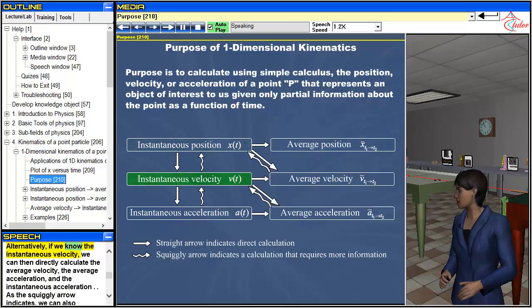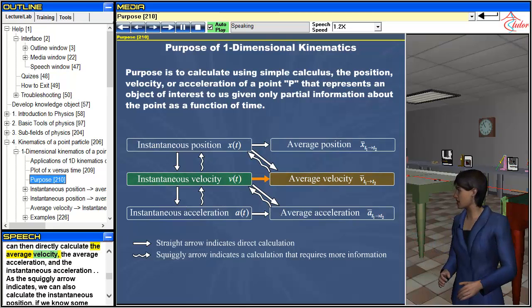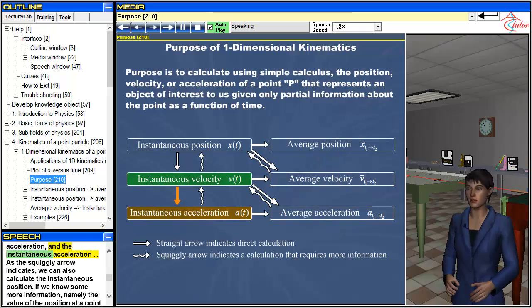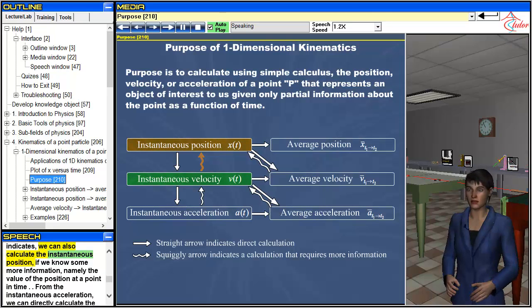Alternatively, if we know the instantaneous velocity, we can then directly calculate the average velocity, the average acceleration, and the instantaneous acceleration. As the squiggly arrow indicates, we can also calculate the instantaneous position, if we know some more information, namely the value of the position at a point in time.